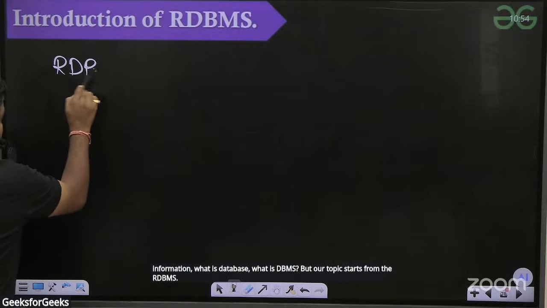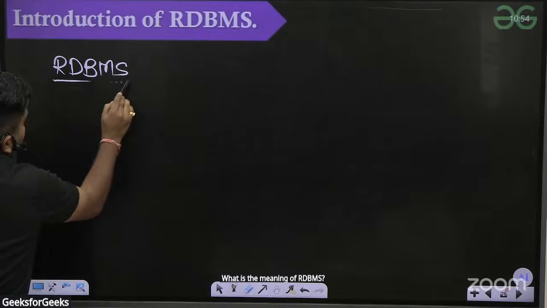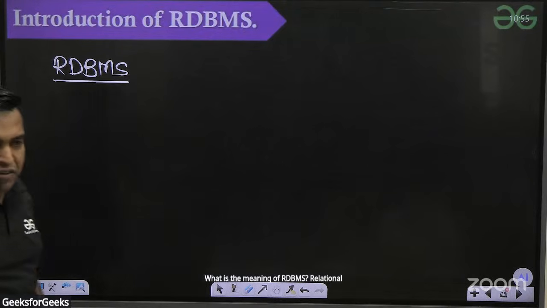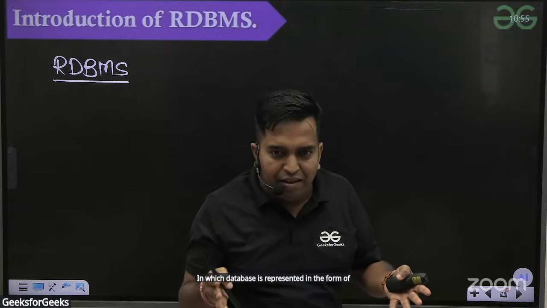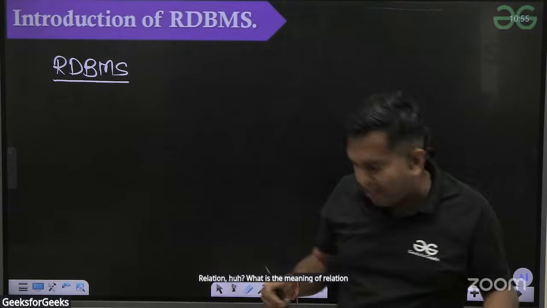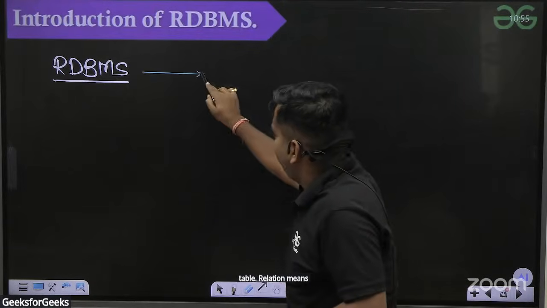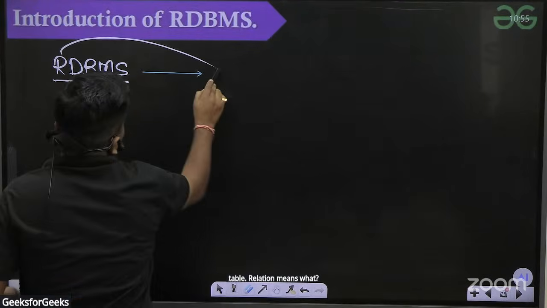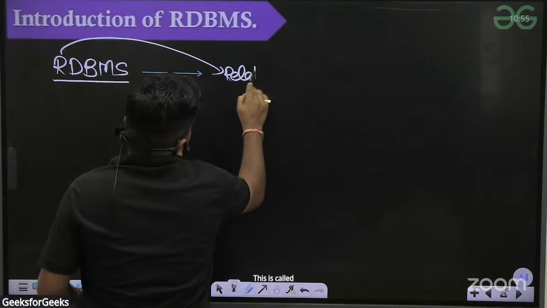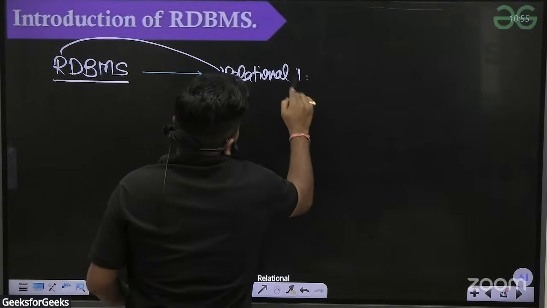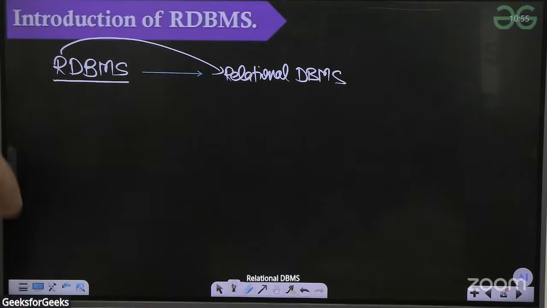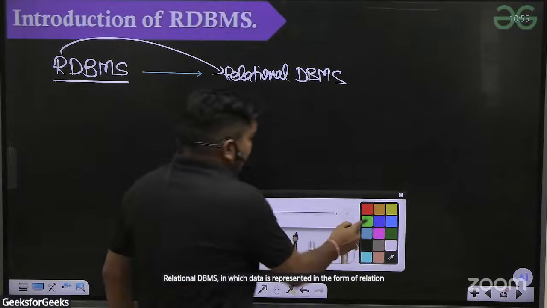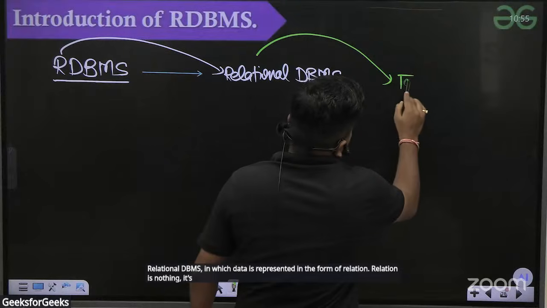What is the meaning of RDBMS? Relational DBMS, in which the database is represented in the form of relation. What is the meaning of relation? Table. Relation is nothing, it's a table.